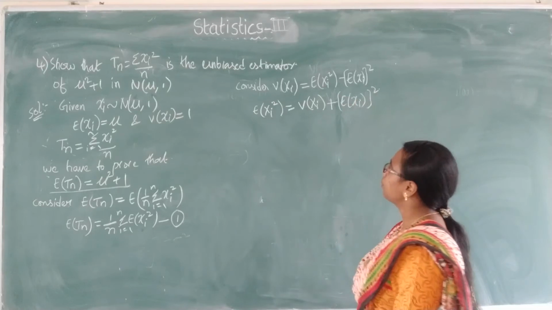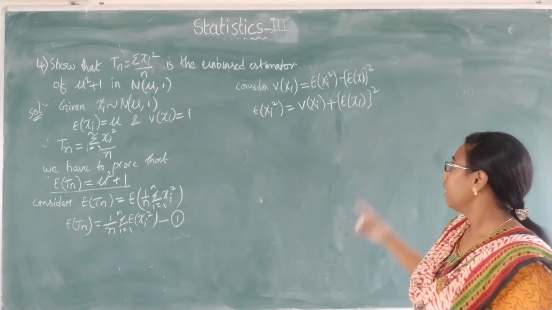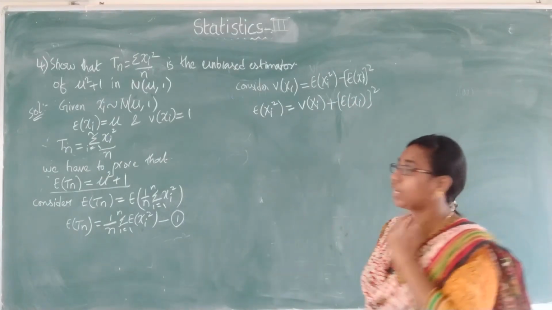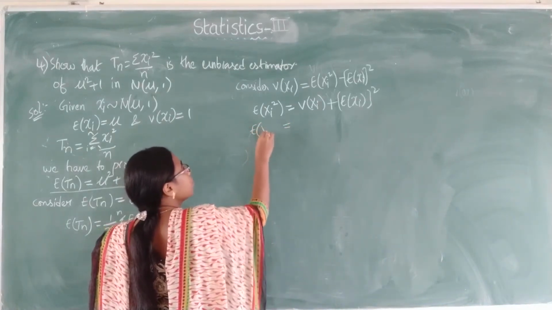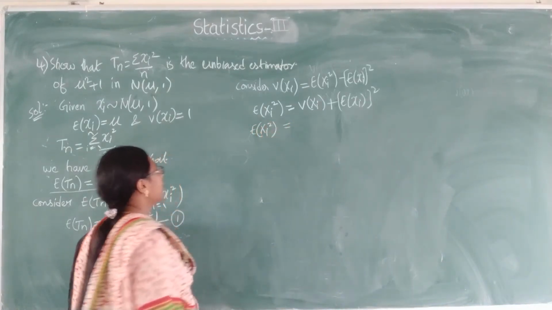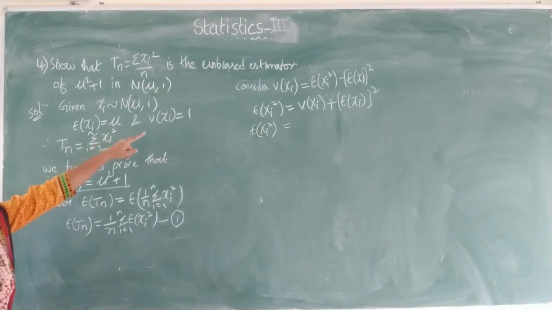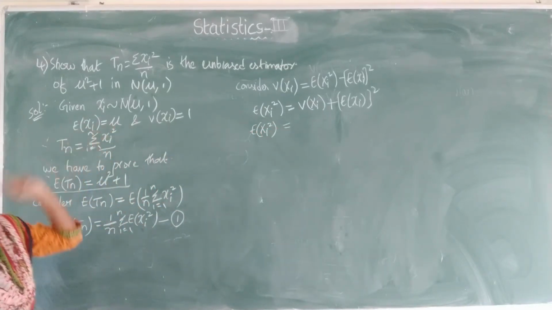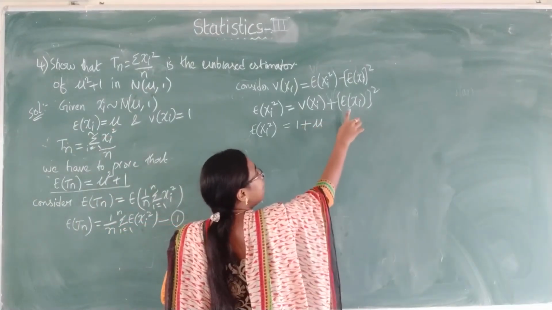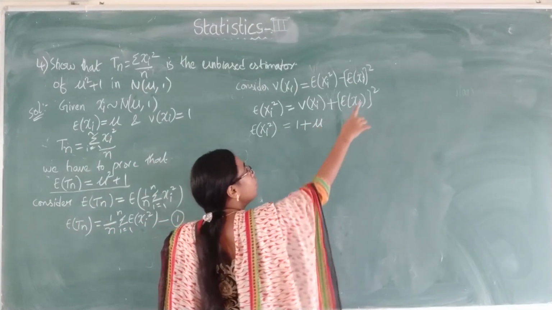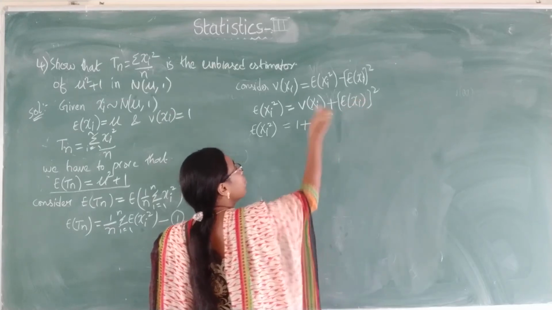Now substitute the variance of xi and expectation of xi values. Variance of xi is given as 1 and expectation of xi is mu. So 1 plus mu square.